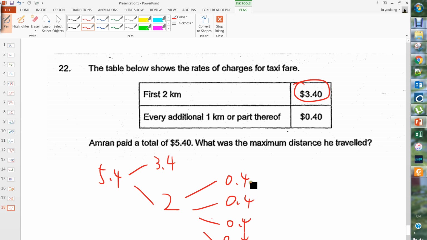Let's count. 0.4. Here is 0.4. 0.8. Here is 1.2. 1.2 plus 0.4. 1.6. Is it 2 already?